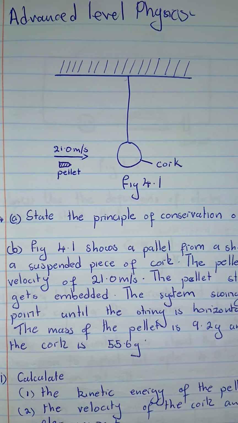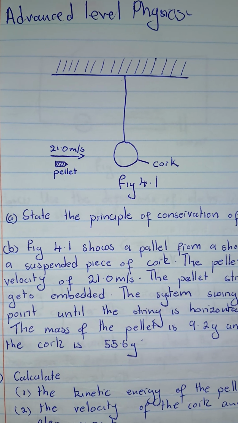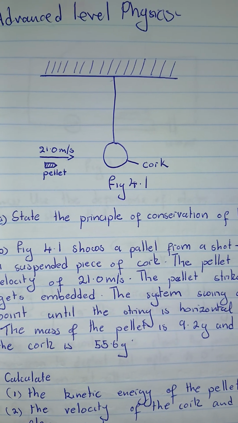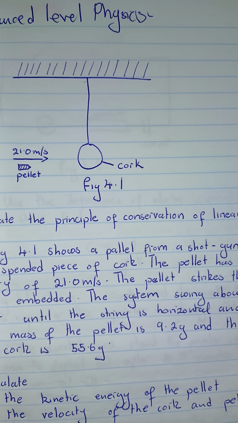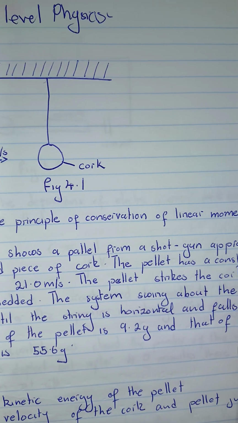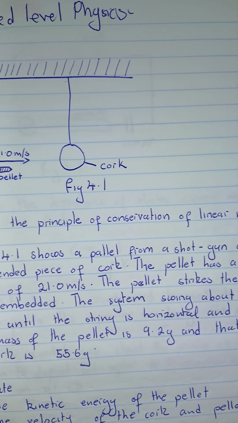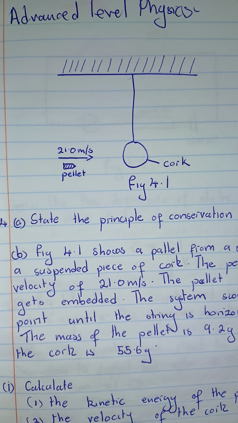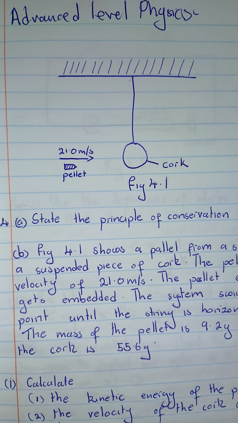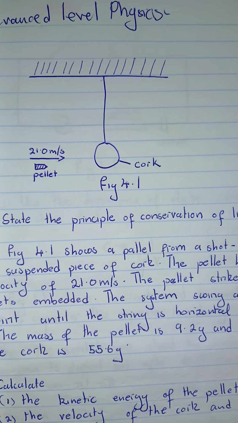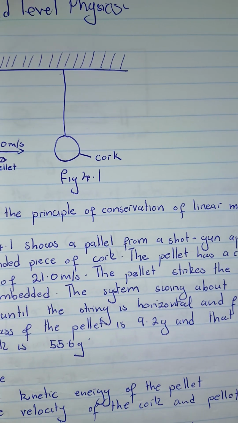Fig 4.1 shows a pellet from a shotgun approaching a suspended piece of cork. The pellet has a constant velocity of 2.1 meters per second. The pellet strikes the cork and gets embedded.